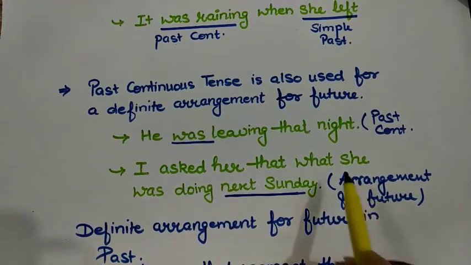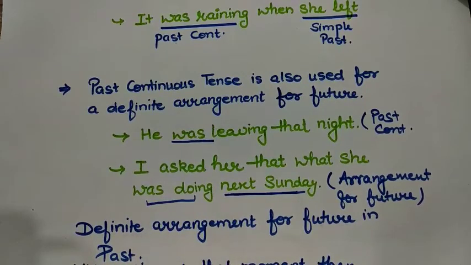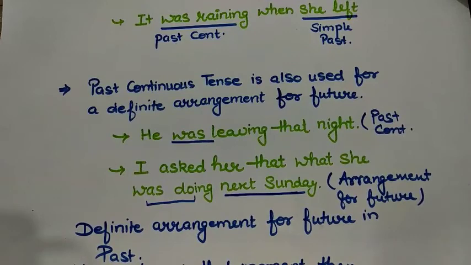And she was doing is representing that it was taking place in the past. I asked her what she was doing next Sunday means what could be the possible plans. So we also use past continuous tense for a definite arrangement for the future in the past.